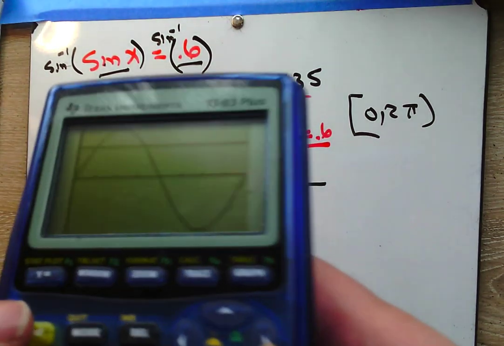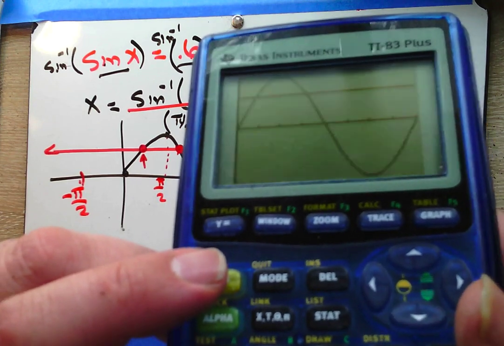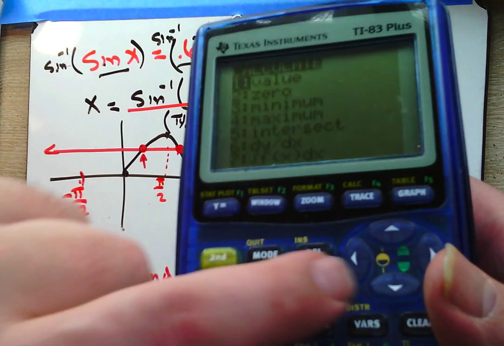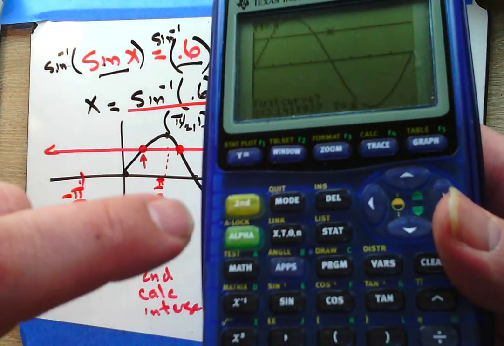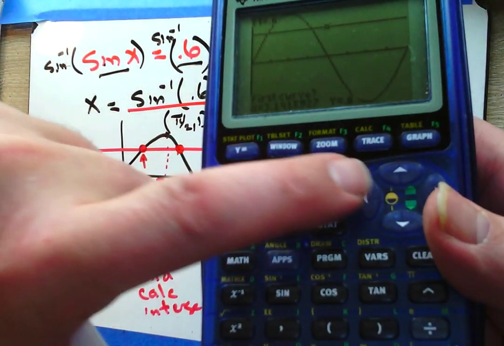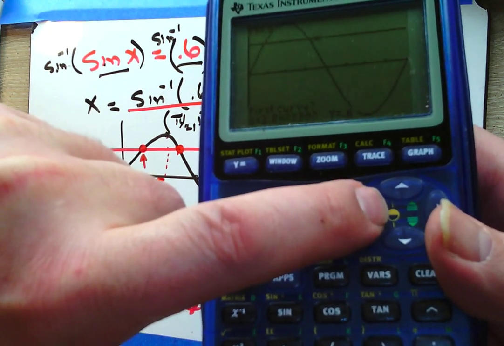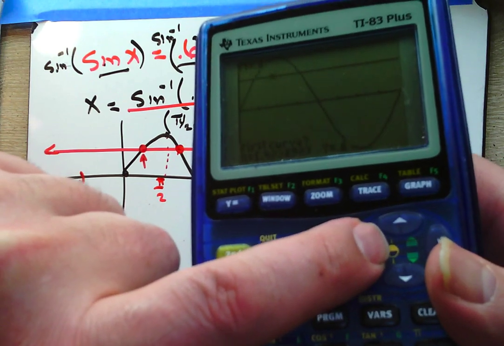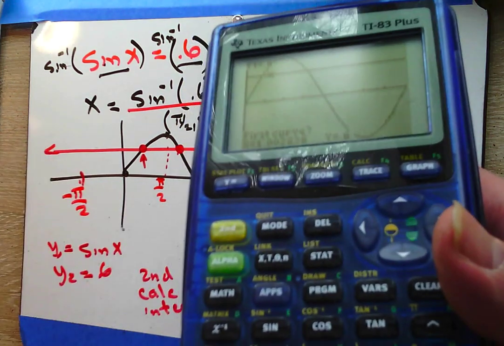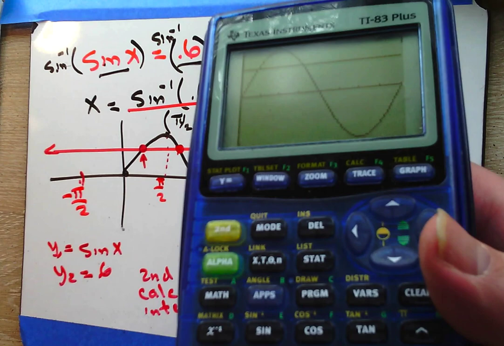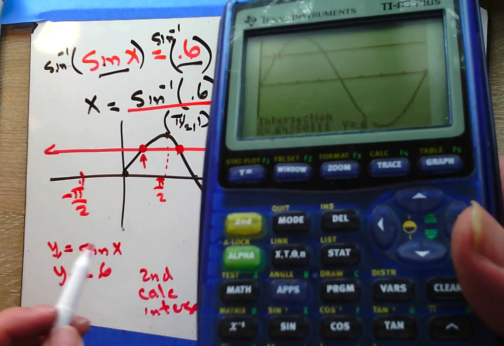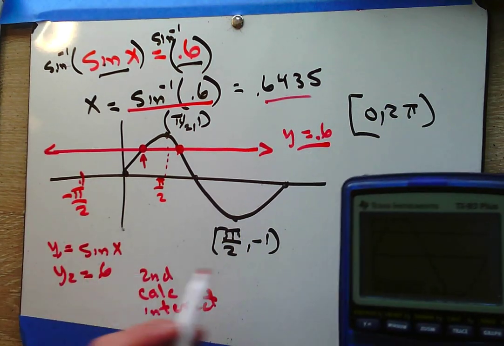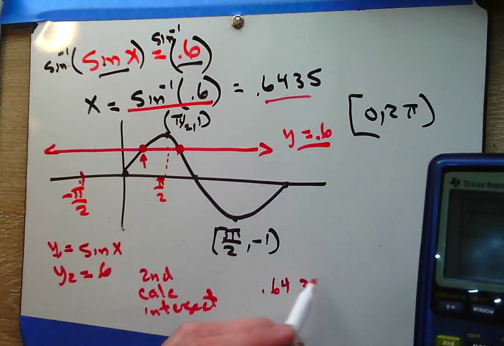That's better. And we'll do second, calculate, intersect, and I'll bring my cursor close to a point of intersection. Let's do that first point of intersection. Enter, enter, enter. And down here, note the answer was 0.6435.